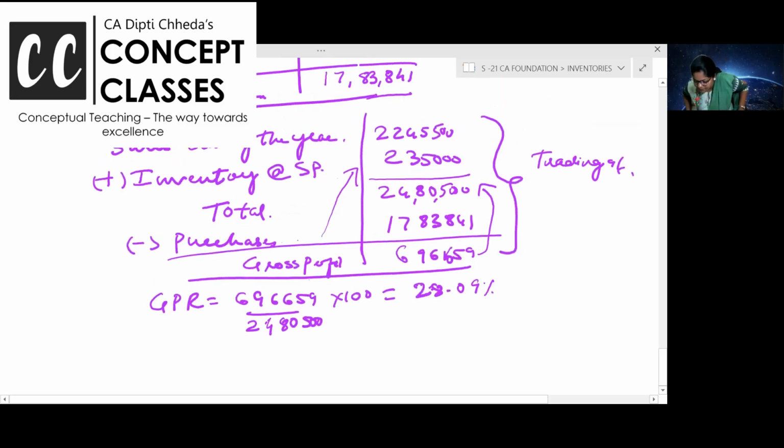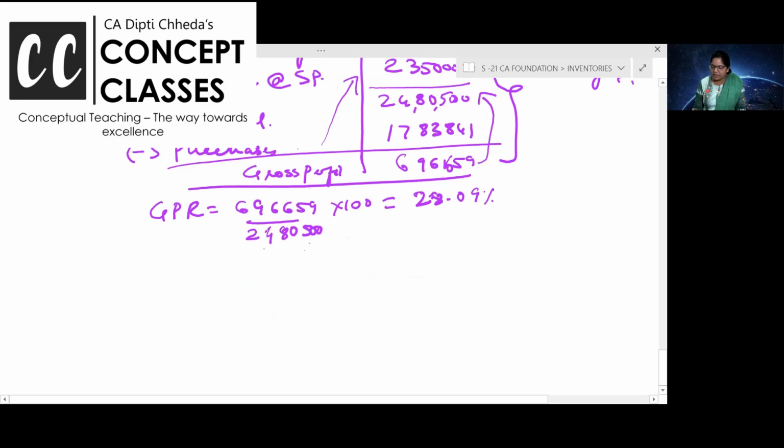Correct. This is not the final answer. You have to get the inventory at selling price to cost, but we should know what is the GP ratio. So we are assuming whatever is purchased, the whole purchases, if it is sold, what is the profit percentage? This is the GP ratio.